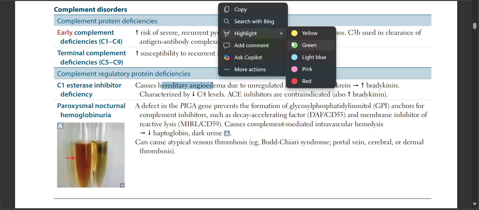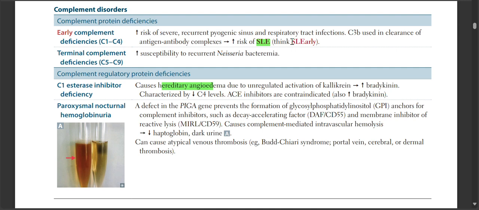Usually they'll give you a kid, maybe of Asian descent, and he would just be very puffy, very swollen.